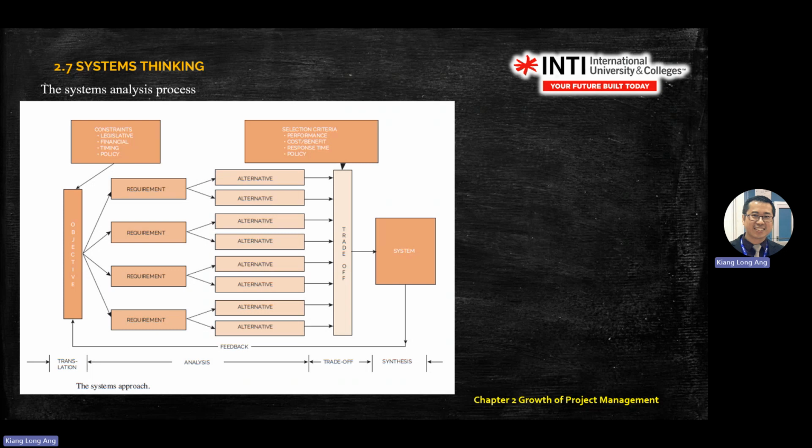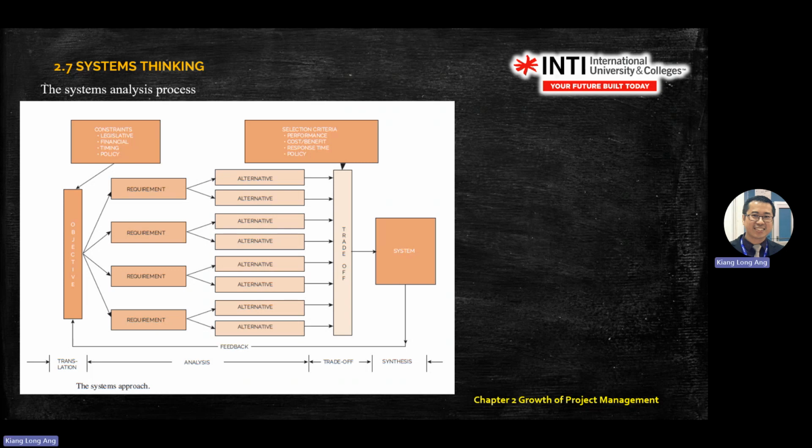So each requirement you break into 2. Cannot be one. One is not good enough, because you always need to have a backup plan B, C, D, and so on. So after the requirement, you split into 2 alternatives. Here you don't need to copy like on the screen. You can even give 2, then split into another 2.